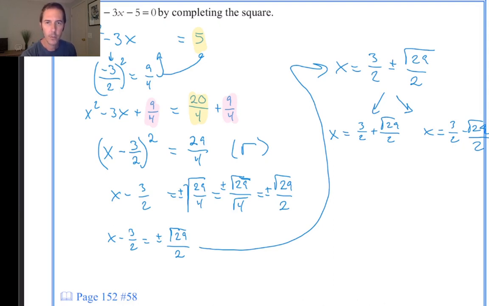Since these fractions have common denominators already, we can clean things up a little bit and write our final answers as x equaling 3 plus the square root of 29, all divided by 2, maybe comma 3 minus the square root of 29 over 2.